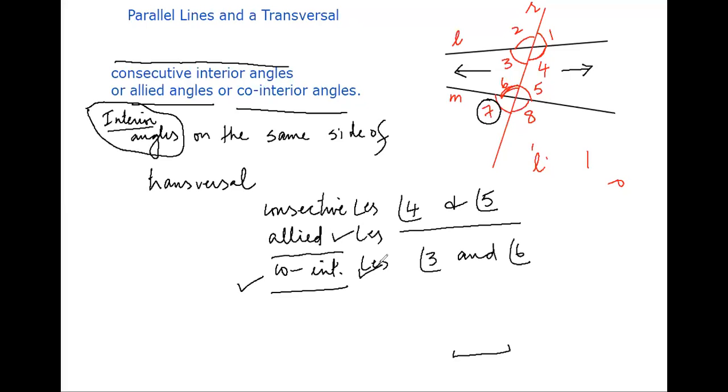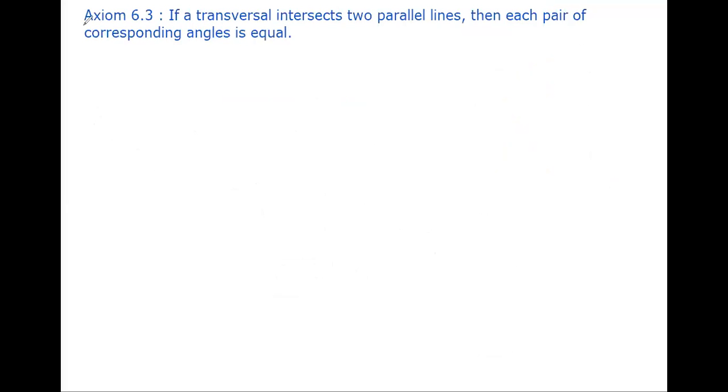Now students, as far as angles are concerned, you see this video once again and you'll remember better. Now, we have one axiom. Sargun, read it. If a transversal intersects two parallel lines, then each pair of corresponding angles is equal.